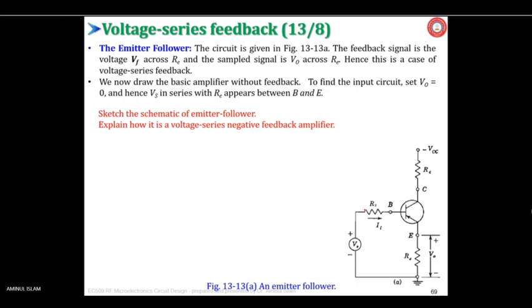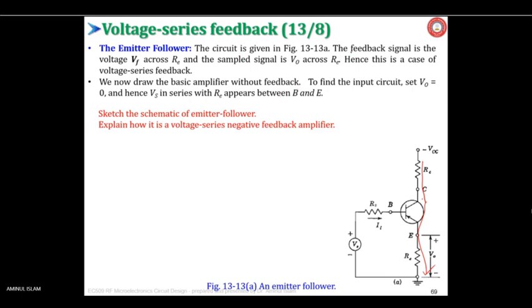More drive current may be there. Load current is basically the collector current, because ignoring the I_B, whatever collector current is flowing, the same current is flowing through your load also. So current can be obtained to drive the load.